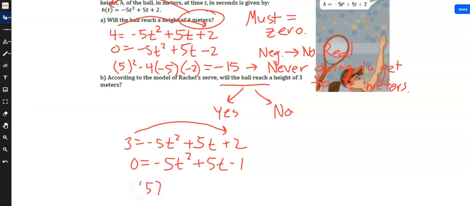B squared minus 4 times the a value times the c value. Okay, so that ends up being positive 5. So that's a positive number, not a piece of something, but a positive number. So that means yes.